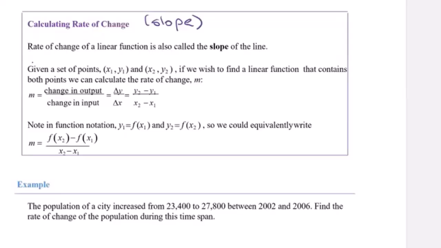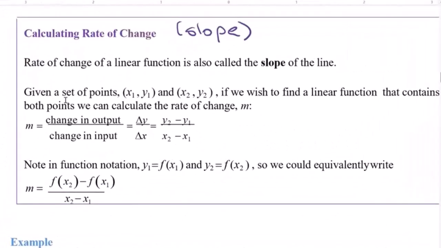This delta y over delta x means exactly that. The change in y over the change in x. Remember, our input is x, our output is y. And again, we have y2. Let me make this a little bigger. This says y2 minus y1 over x2 minus x1. So let's kind of break this down a little.